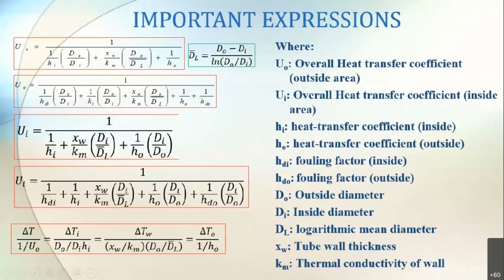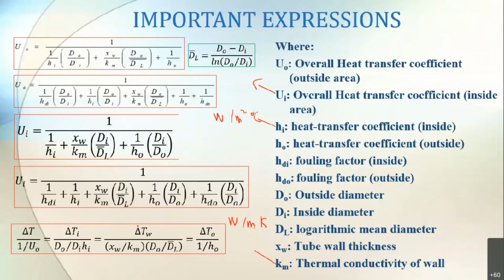And before I forget, we know the unit of H is watt per meter squared degree Celsius or Kelvin. We know the unit of K is watt per meter Kelvin or degree Celsius. You have to find out what the unit of U is. So this is a short assignment for you for today.